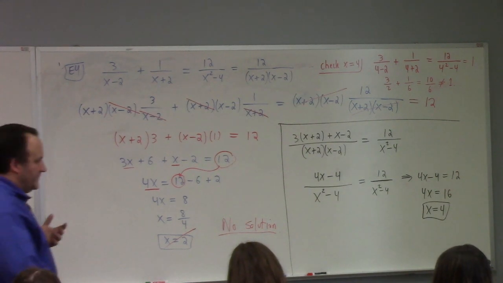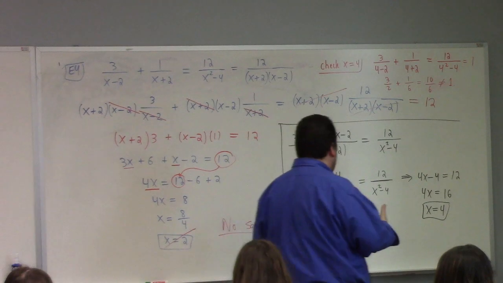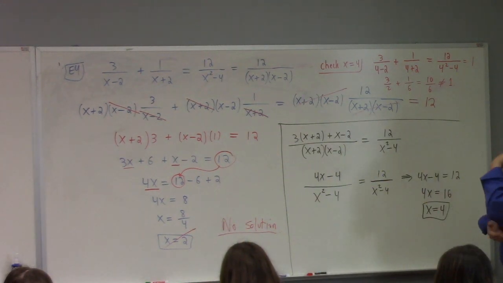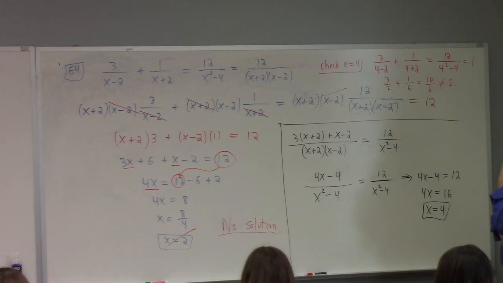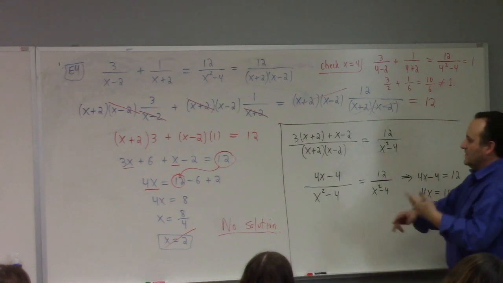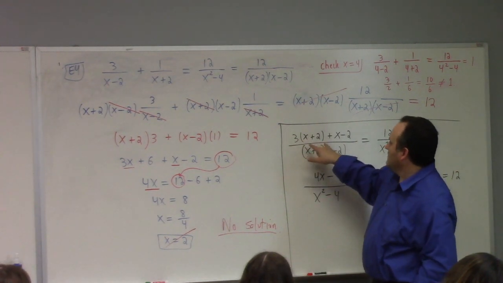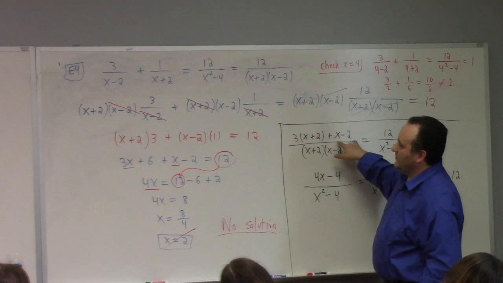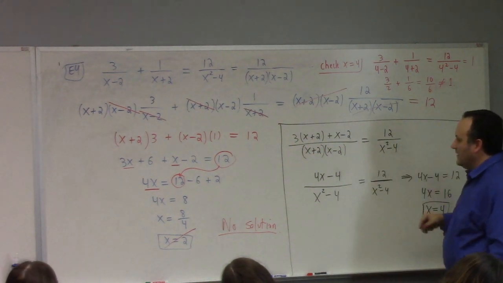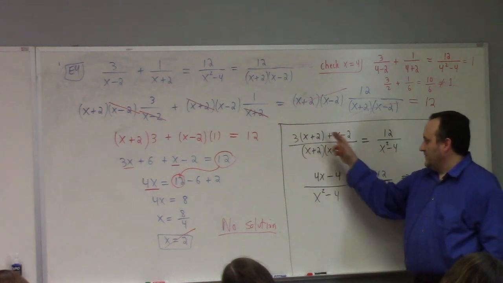It's very bizarre to me that 4 doesn't work here, because I don't feel like we've made any step here which is incorrect for 4. Like the common denominator: 3 times (x plus 2), and then 1 times (x minus 2). This seems right to me. And we fixed that, right?